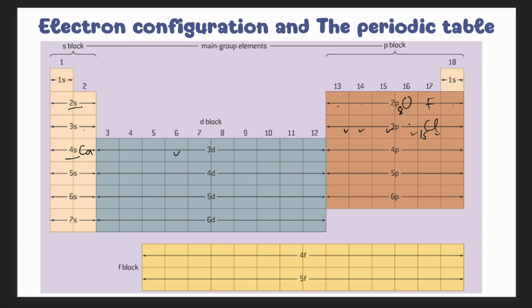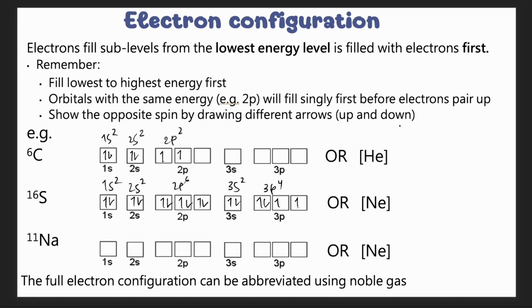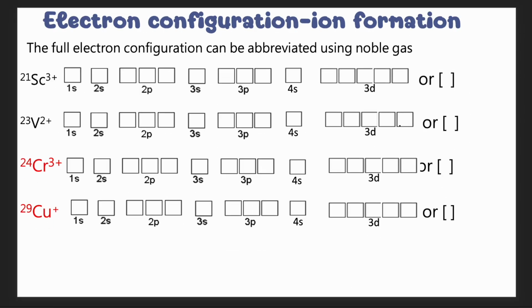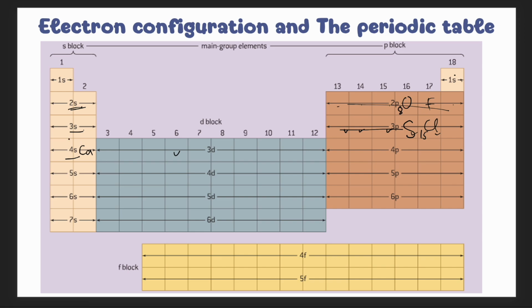Sulfur is right here, right? So 1s2, 2s2, 2p6, 3s2, sorry, 3p4. Sulfur is 3s2, 3p4, yeah, not 2. Here 1s2, 2s2, 2p6, 3s2, 3p4.